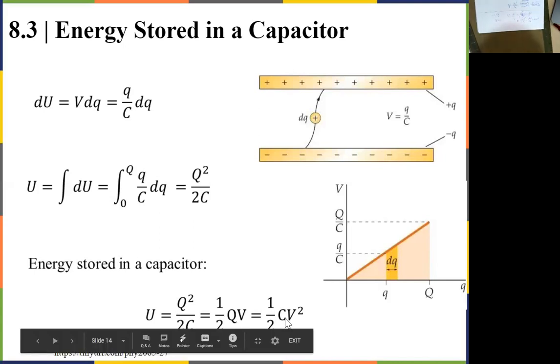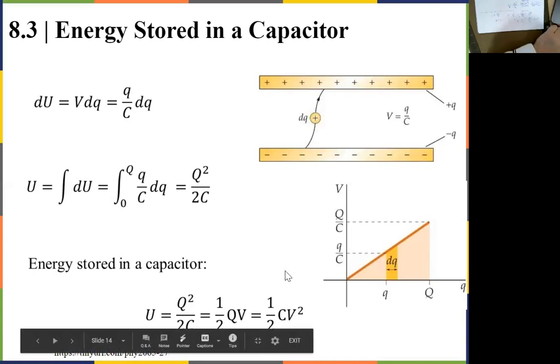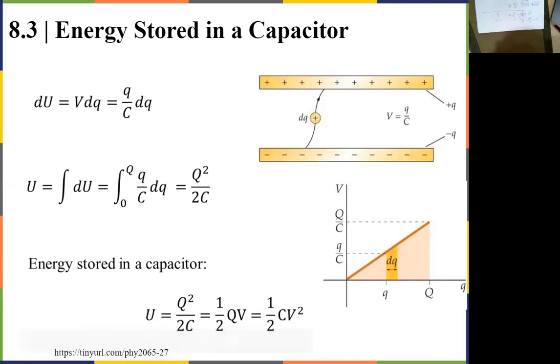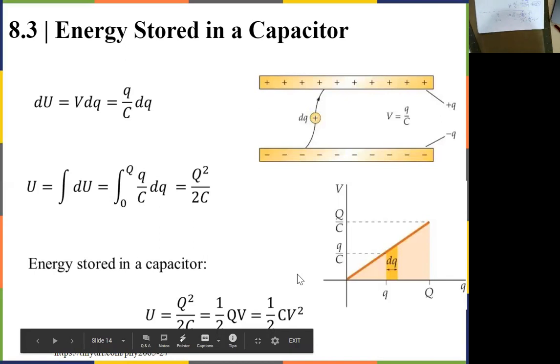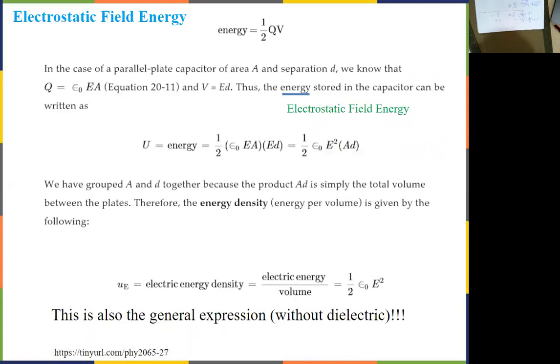Any of those three could give you the energy stored in the capacitor. All right, so energy stored in the capacitor is equal to 1/2 QV. We'll just pick one of the expressions there.